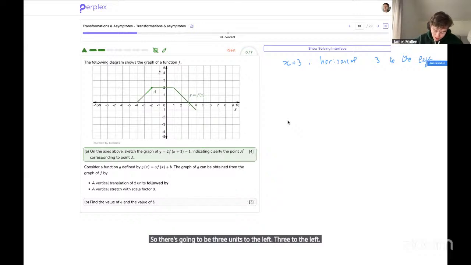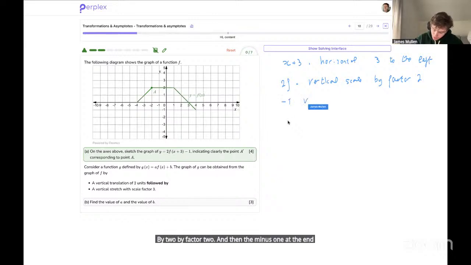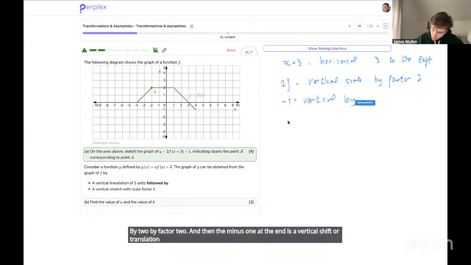Okay? And then the 2f gives me a vertical scale by 2, by factor 2. And then the minus 1 at the end is a vertical shift or translation by 1 unit down. Okay?